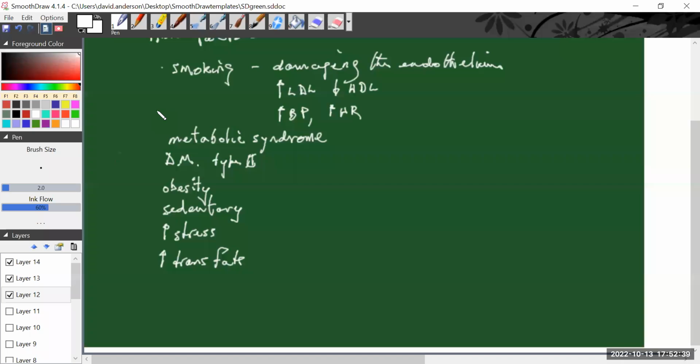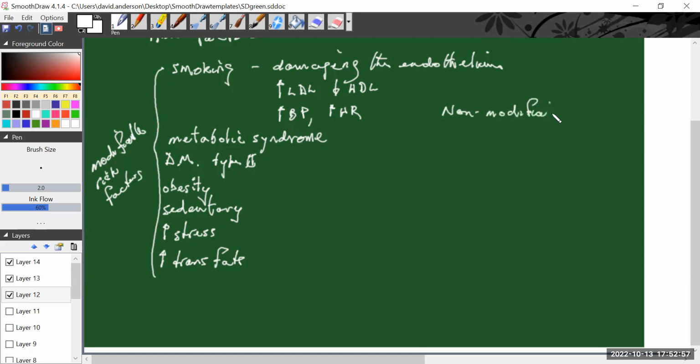So these are all examples of modifiable risk factors. Non-modifiable are an increase in age, males a little bit more than females, not as much as was once thought, and a family history.